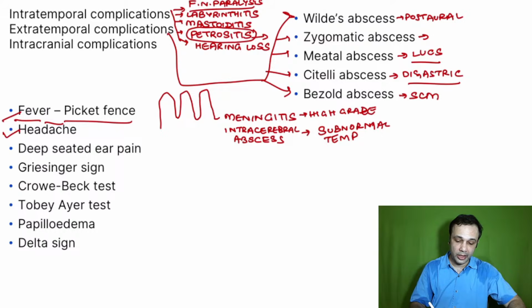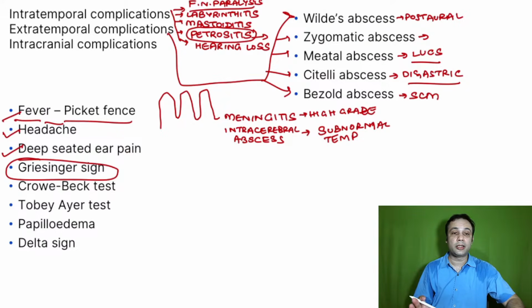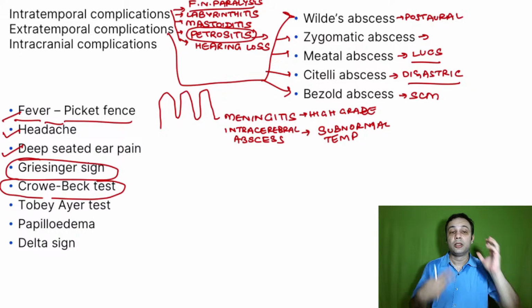They present to you with headache, deep-seated pain, Griesinger's sign. So what is Griesinger's sign? That is edema of the mastoid due to thrombosis of the mastoid emissary vein. You have Crowe-Beck test. Suppose there is lateral sinus thrombosis on one side, right? So what happens when you compress the internal jugular vein on the opposite side? There will be engorgement of the retinal vessels.